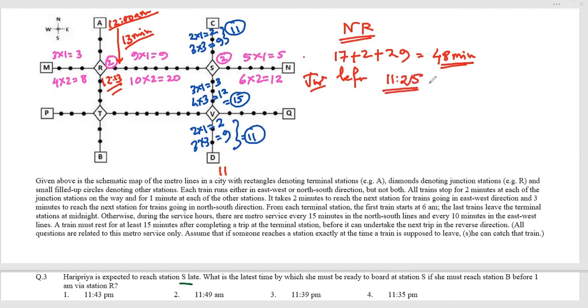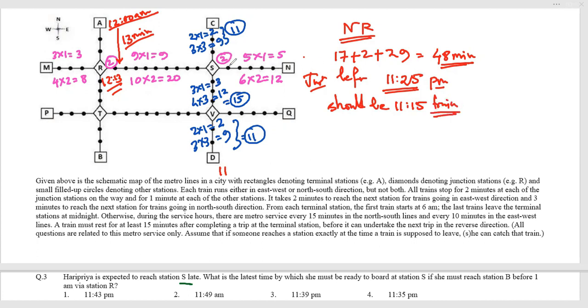Just before 11:25 p.m., whatever train starts from N needs to be caught by Haripriya. So that should be the 11:15 train.